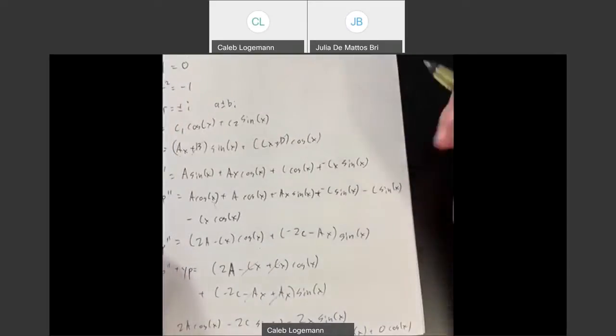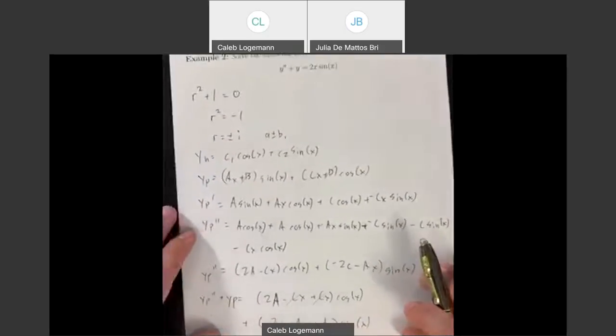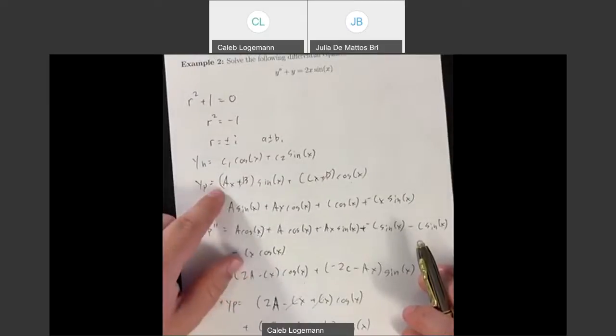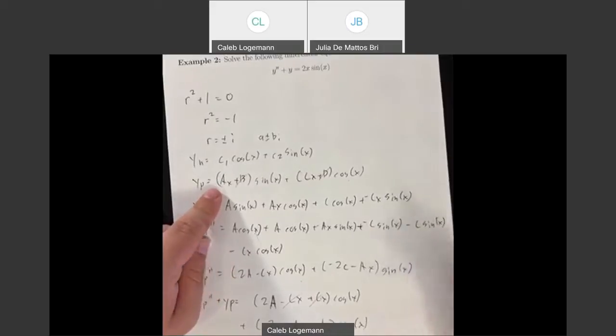So what I probably should have done is, up here in our guess, we should have gone all the way up to x squared, I think. Unless you see a mistake somewhere else.